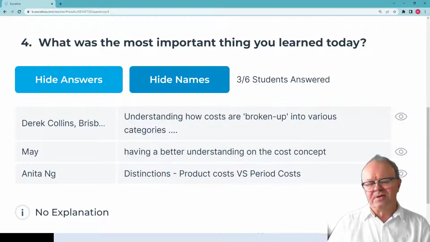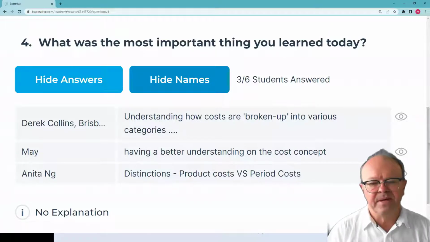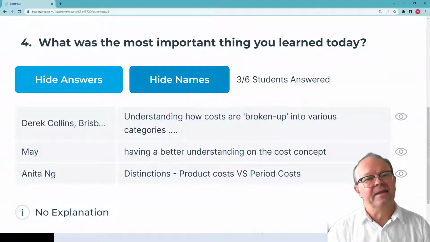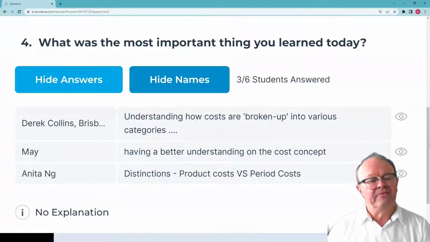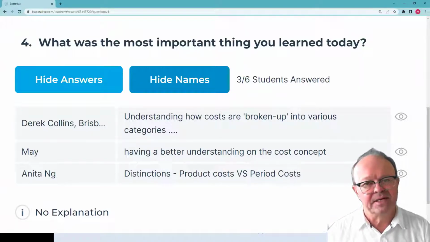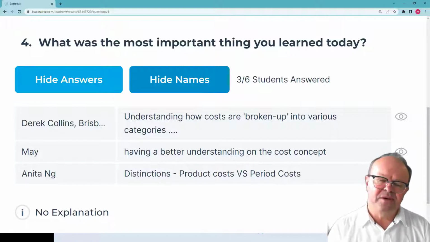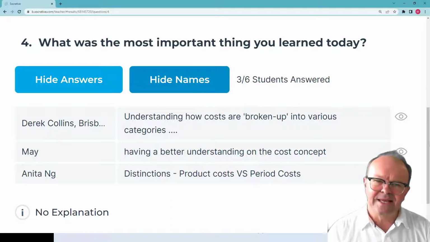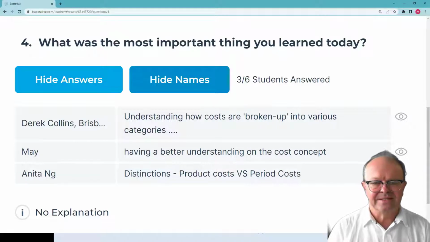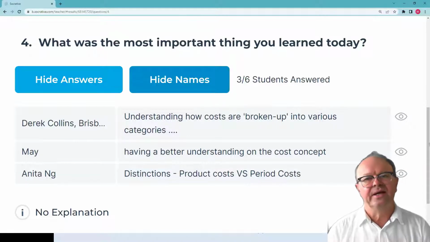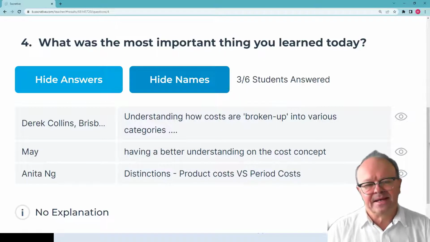And those judgments between whether we put them into period and product costs can affect the cost of our inventory and also our profit for the period. So it is very important, and we need to understand that distinction. And that may be something that takes a little while to really cement in as we go through looking at management accounting in the coming weeks.